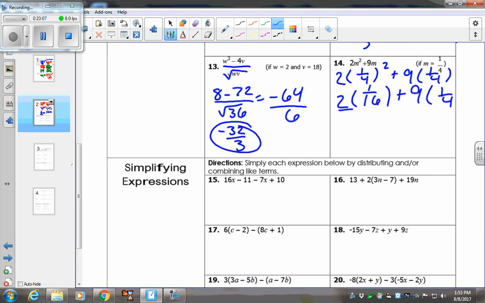So I'm just going ahead and putting this as a fraction so you can tell. The first one is going to be 2 over 16. So 2 over 16 plus 9 over 4. Does it keep it as a fraction or is it whole?